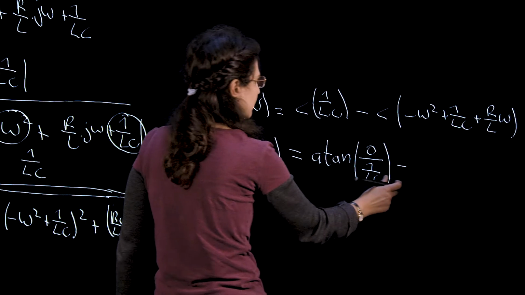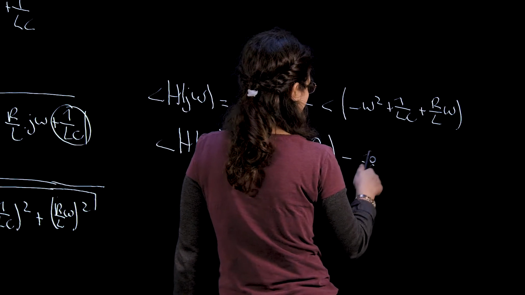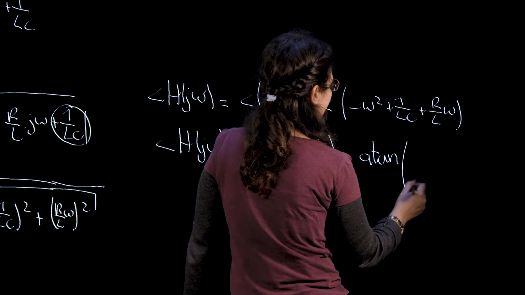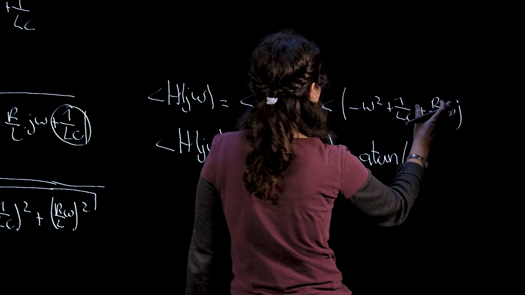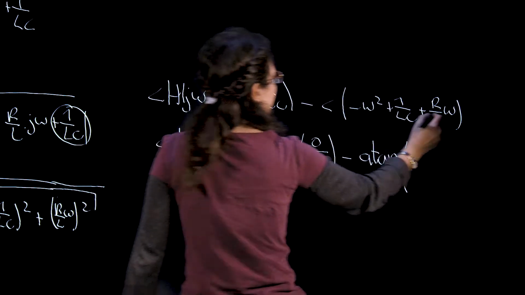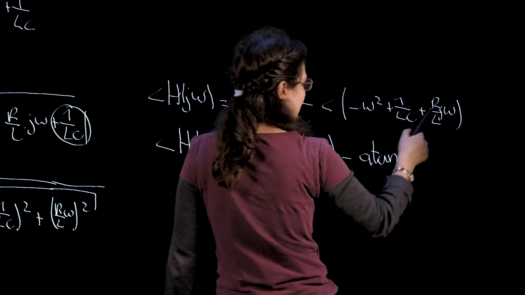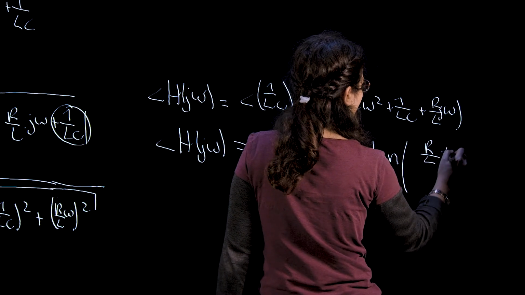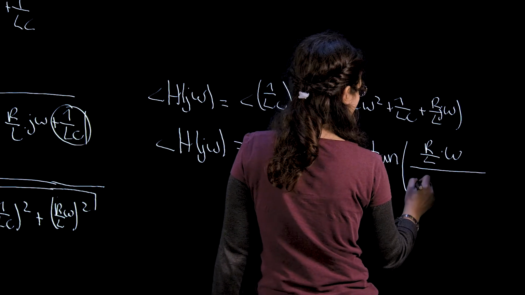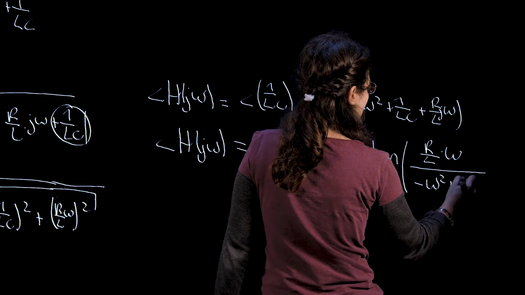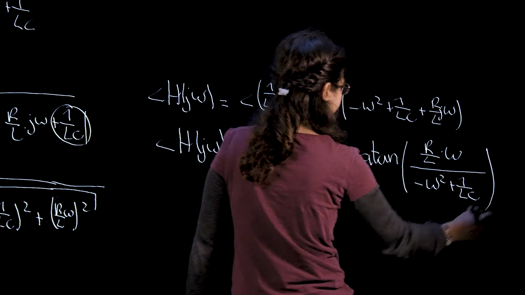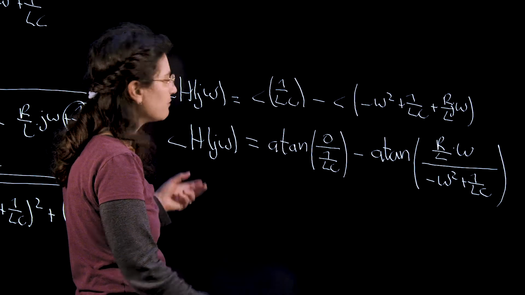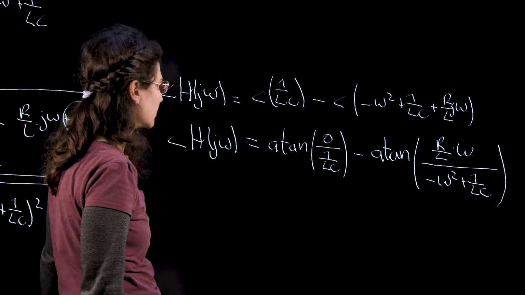And the same here, it is the inverse tangent of the imaginary part, which in this case, sorry, there's a j missing, of the imaginary part, which is R over L times omega, over the real part, which is minus omega squared plus 1 over LC. So this is my magnitude and my phase, and for any frequency I can calculate these numbers.